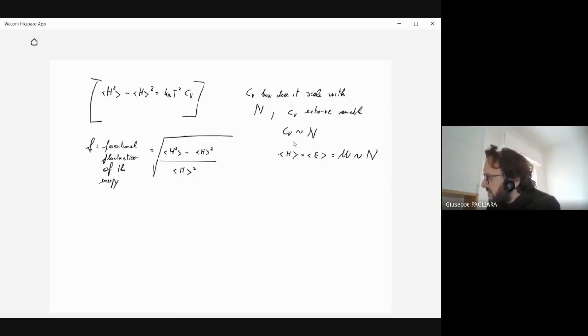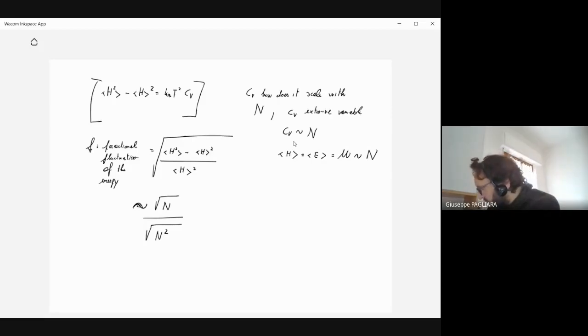Now, from the previous equation, at the numerator here we have the variance, and the variance scales as C_V. Therefore, the numerator will have a square root of N, whereas in the denominator I have a square root of N squared.